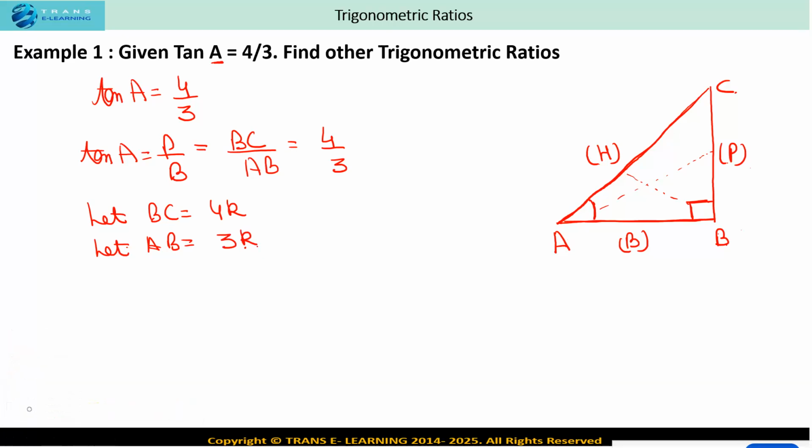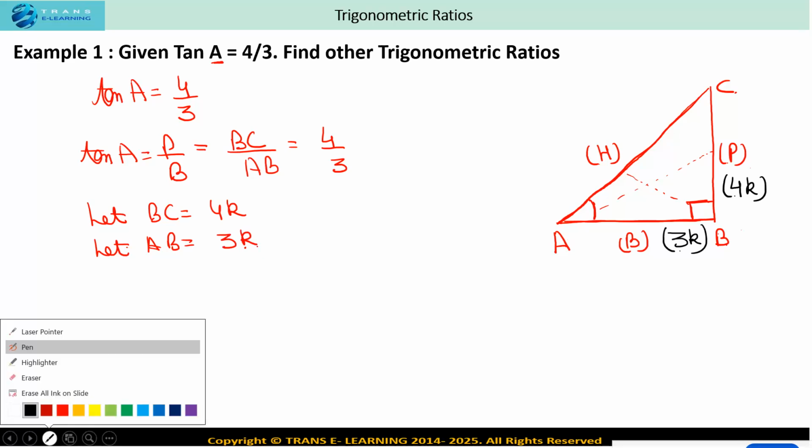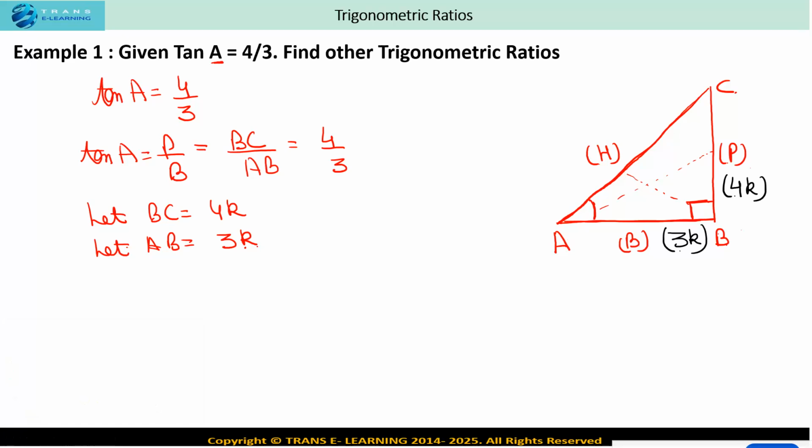Now I'm going to put the values here. So my BC is 4k and my AB is 3k. Right? Now this was given in the question and we have segregated what is given to us. So we need to find the other trigonometric ratios.